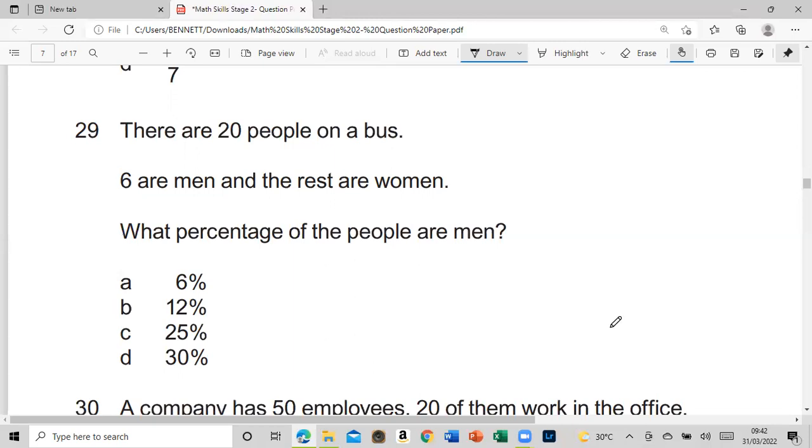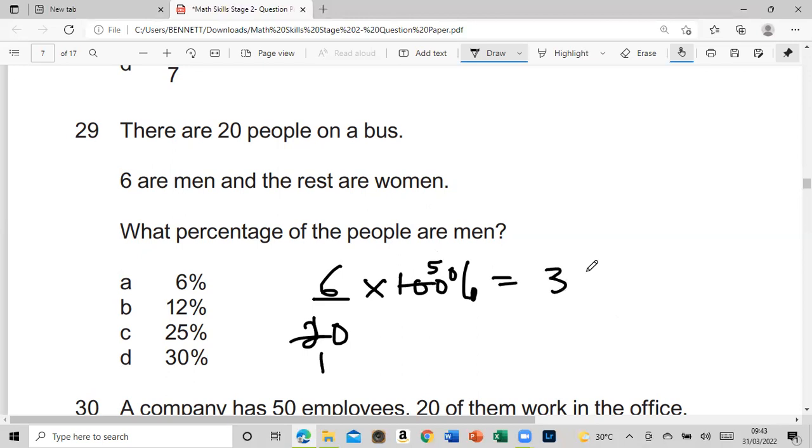So all we have to do is say 6 out of 20, times 100 for percent. Into this goes 1 time. Into this goes 5. So 5 times 6 is 30%. And it makes sense, right? By the 10%, that is 2 people. So since it's 20, 30%.